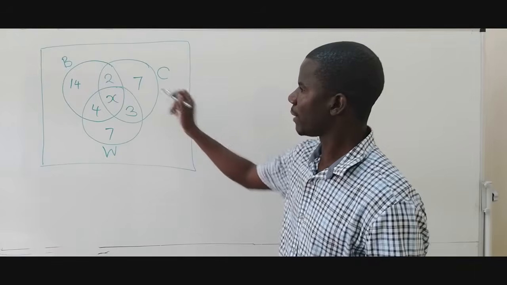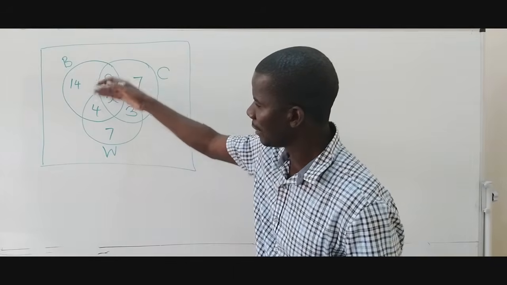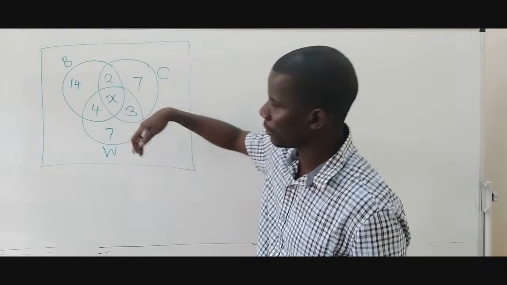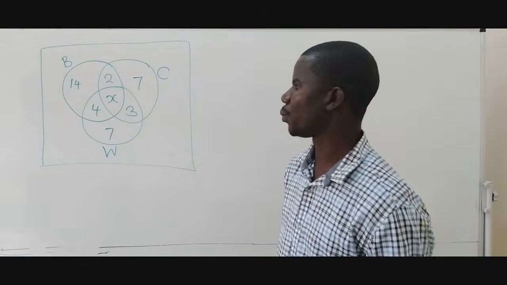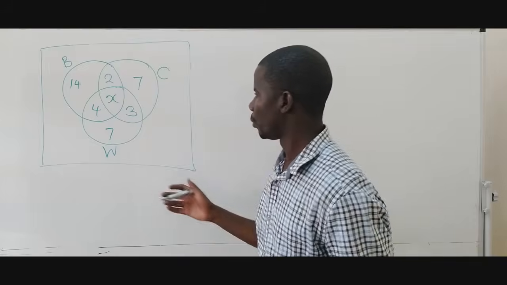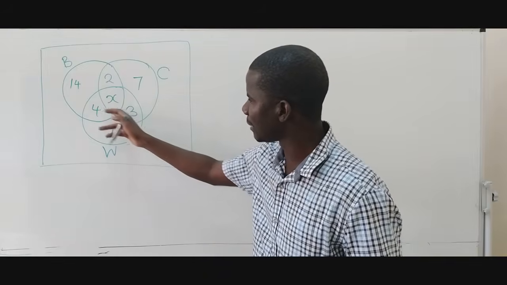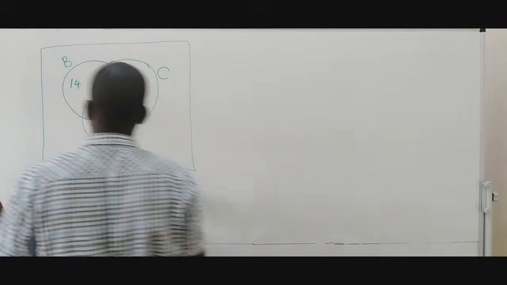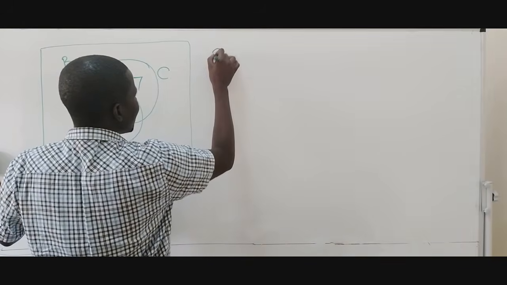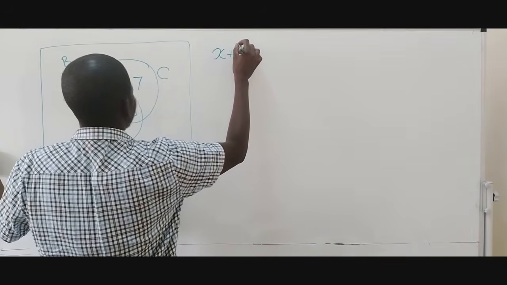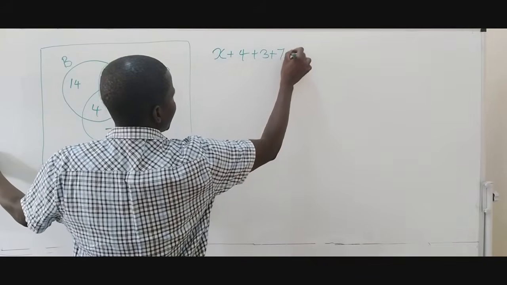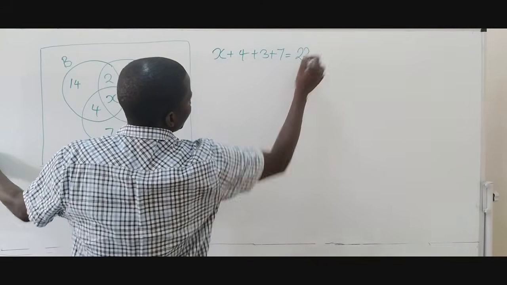So 22 means what is in this set, those that were walking going to school, they are 22. So we need to add these two and these three and subtract them from 22. In other words, x plus 4 plus 3 plus 7 is equal to 22.